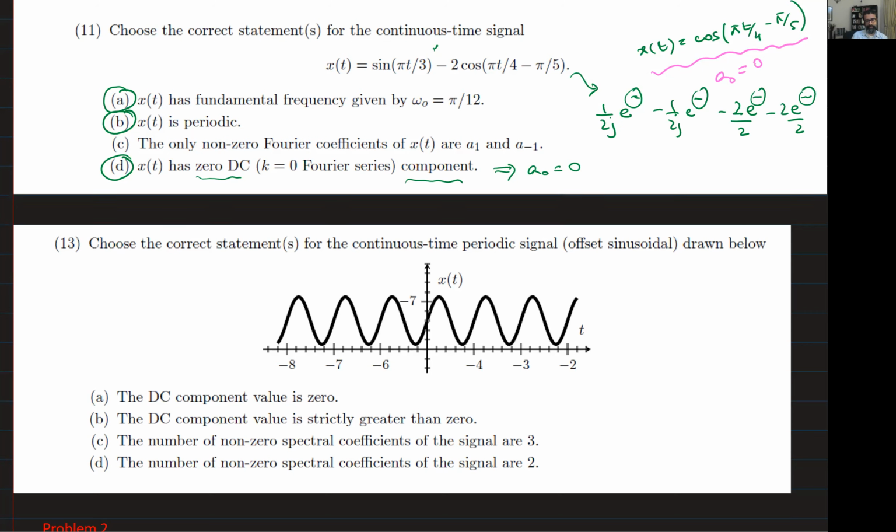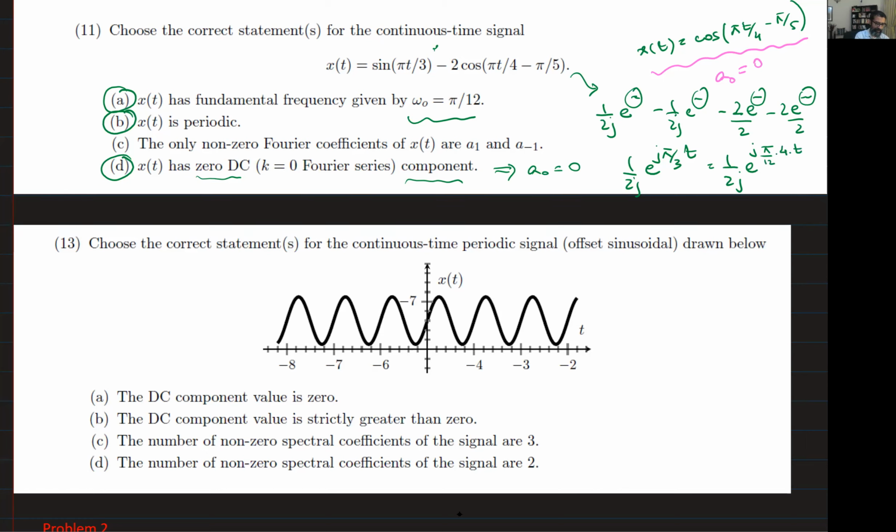But here's a quick one. So e raised to power j pi by 3 t, right? I know that omega naught is pi by 12. So this is 1/2j e raised to power j pi by 12 times 4 times t, right? That's pi by 3.